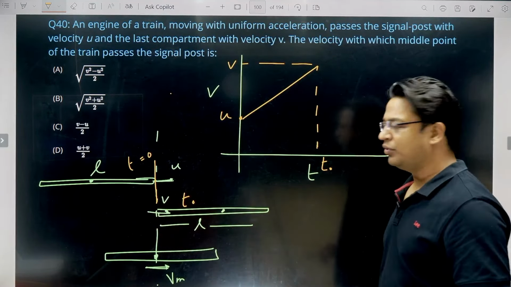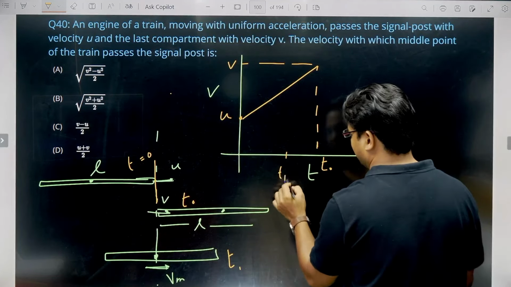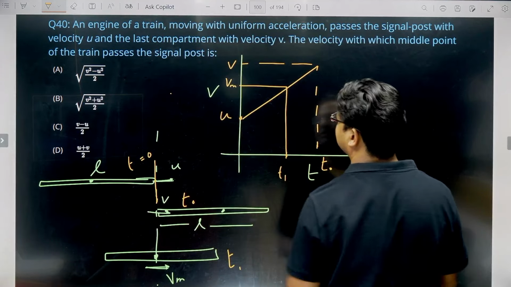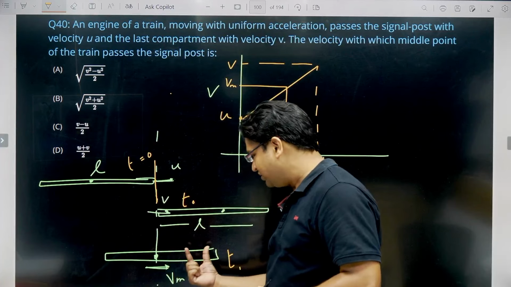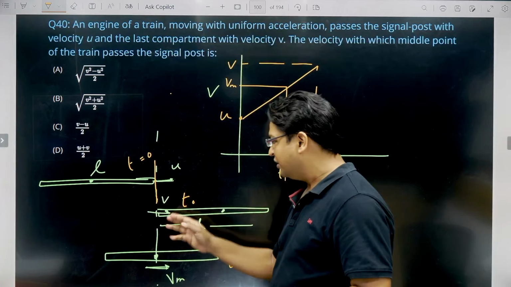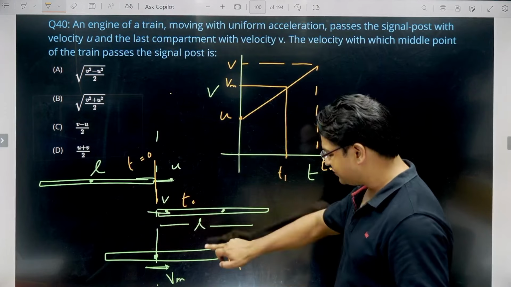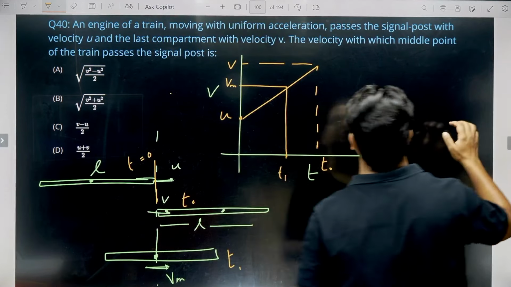Now there would be a certain time, let's say T1, somewhere here. I want to know what was the speed at that time, Vm. This was the midpoint of the train, which means that the displacement from 0 to T1 and the displacement from T1 to T0 need to be equal. So these two areas need to be equal. I'm going to rely on that.